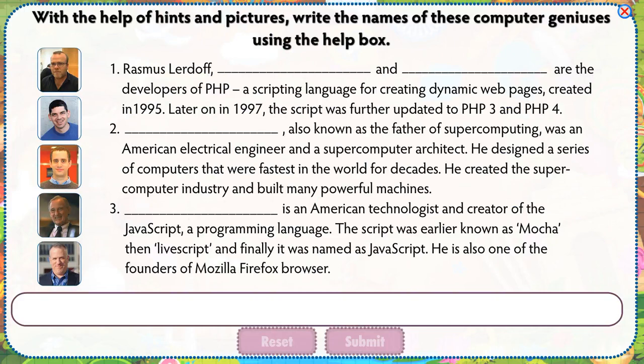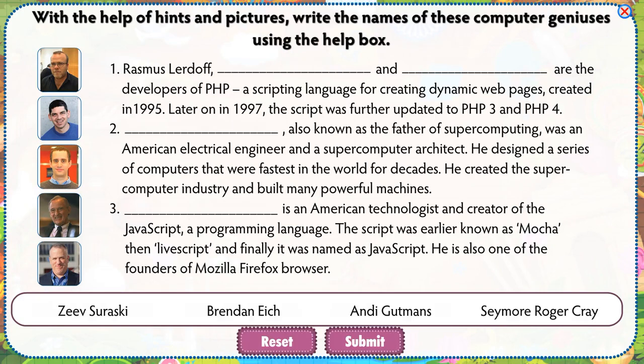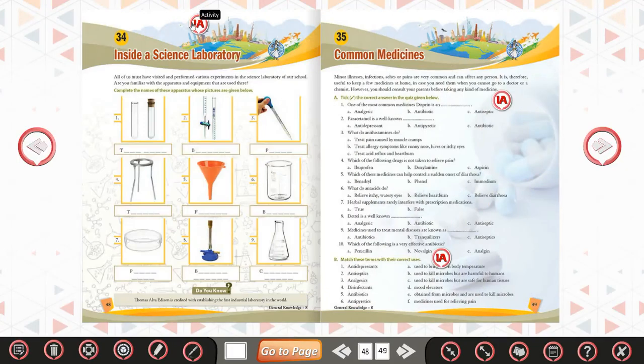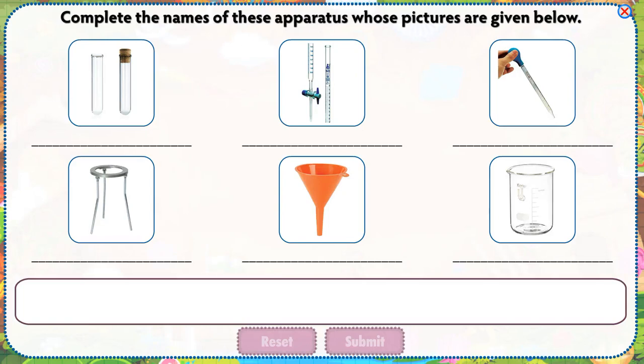With the help of hints and pictures, write the names of these computer geniuses using the help box. Complete the names of these apparatus whose pictures are given below.